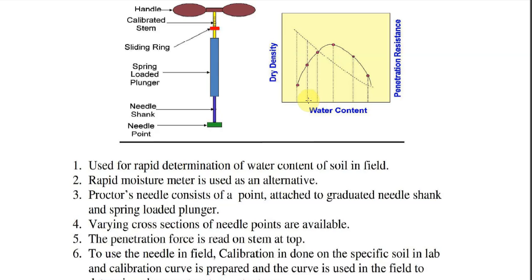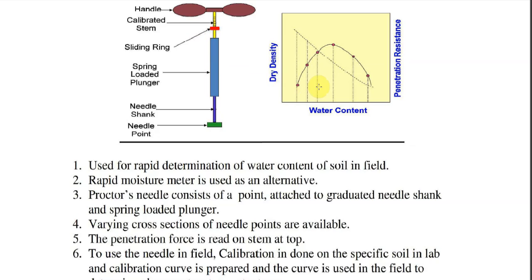So we know what is the water content of the soil when we are compacting the soil in the lab. For the first trial, if the water content is 8%, let's say the penetration force is 5.